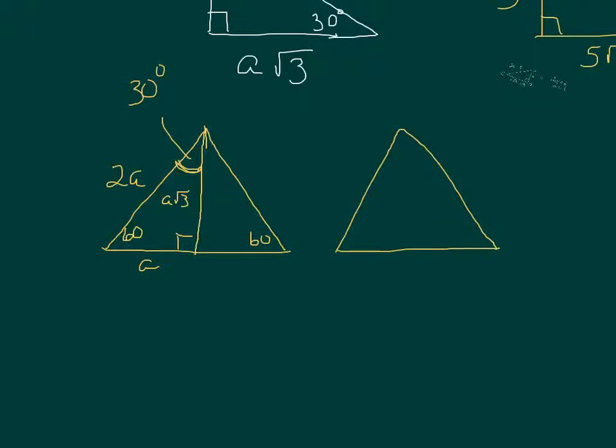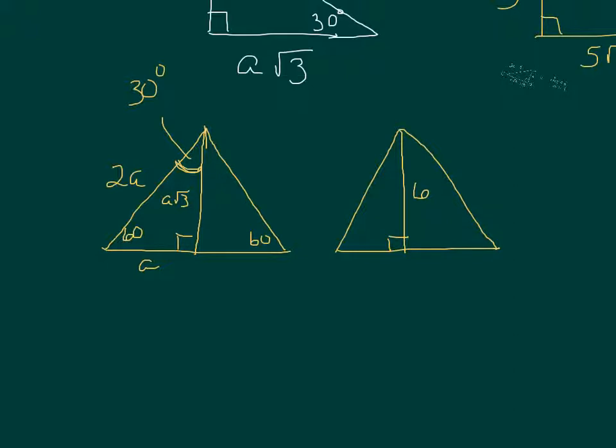Again, this is the 30, 60, 90. It's an equilateral triangle. I'm dropping an altitude. I know it's not drawn to scale. But this is 6. And I want to find the length of any side of the big triangle. All right.